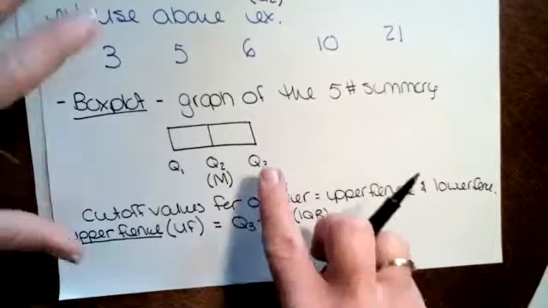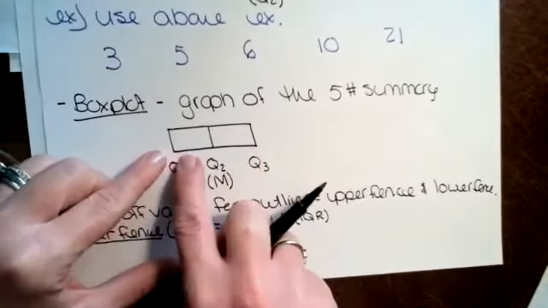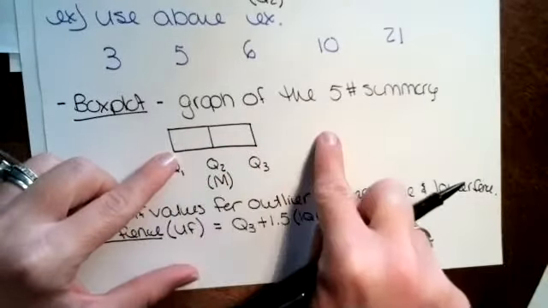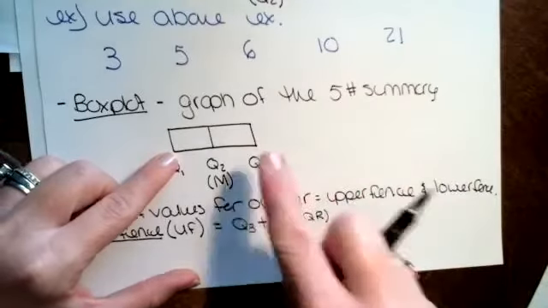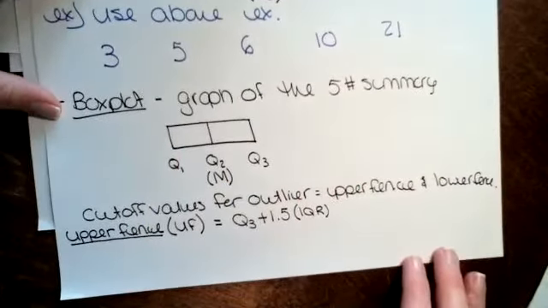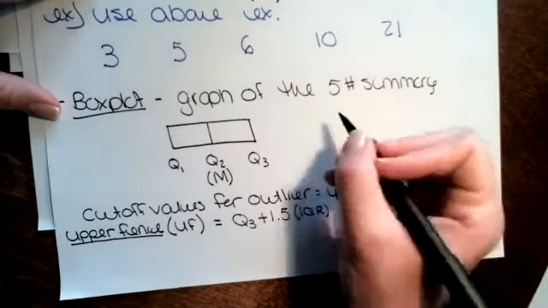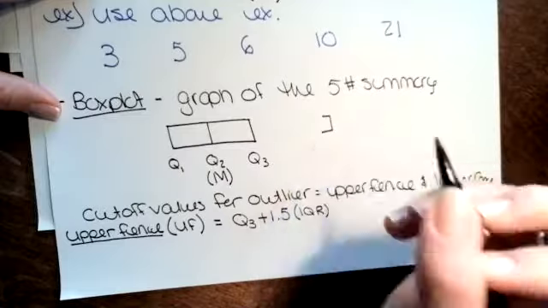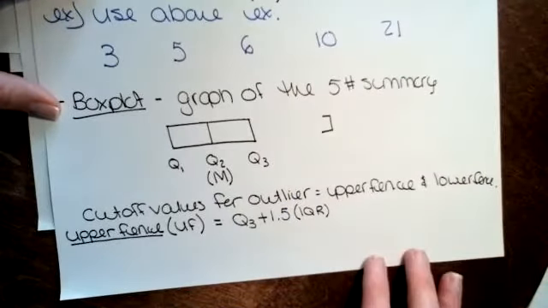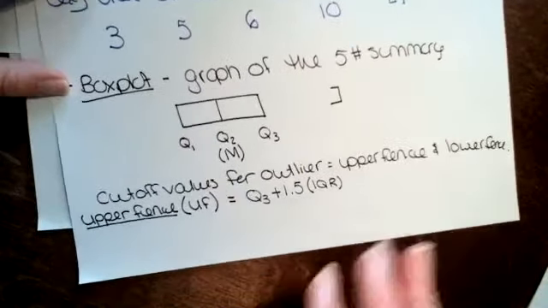Think about my IQR. That's the difference here. It's the width of this box. I'm going to take 1.5 times that and add it to quartile 3, and that's going to give me my upper fence. I use a bracket notation for that. I'm just going to put it here because this is general. We're not actually plugging numbers in right now.